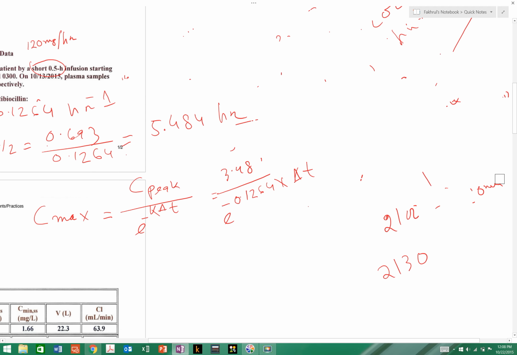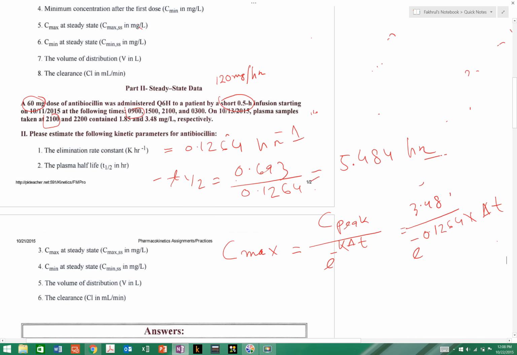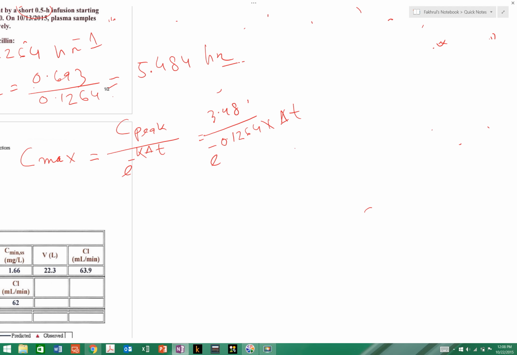You have to look into the dosing interval. In this case, for this med, it started at 2100, that means you start the infusion at 2100, infused for 30 minutes, which would be to 21:30, where you will have your Cmax, and then a little later at 2200 you took the sample.